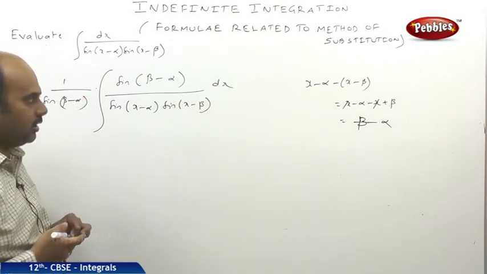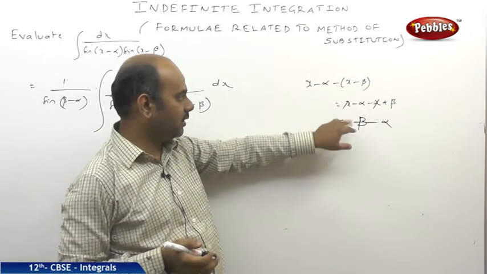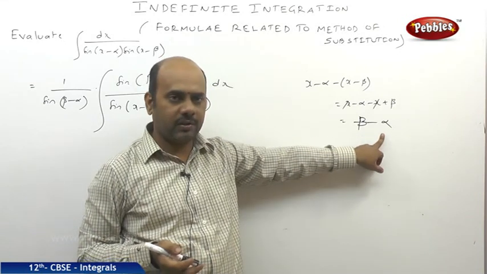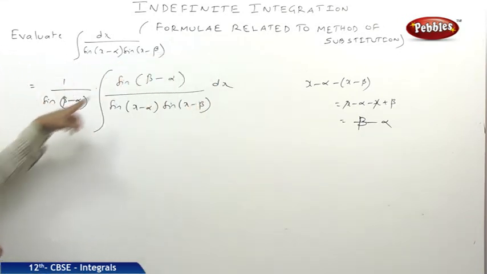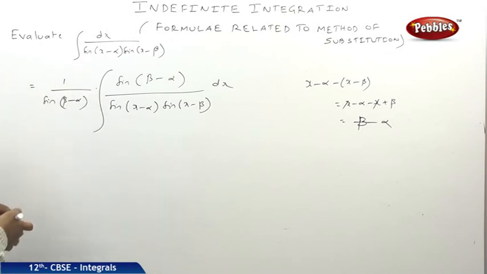Once again I am repeating, whenever this kind of question comes, subtract the angles, x gets cancelled, there remains beta minus alpha, so multiply and divide by sine of beta minus alpha.